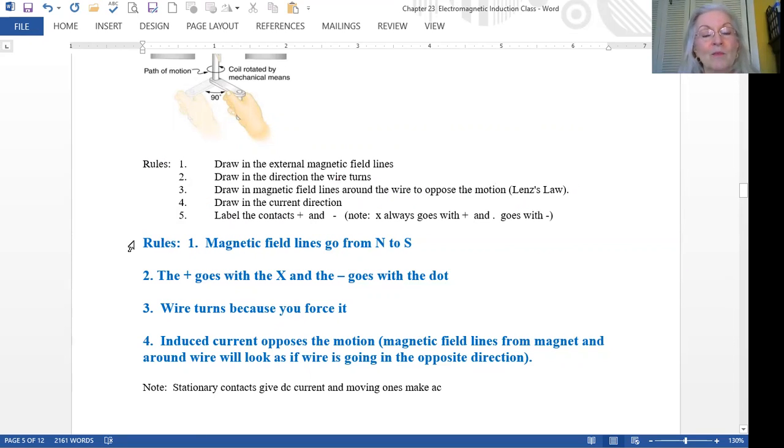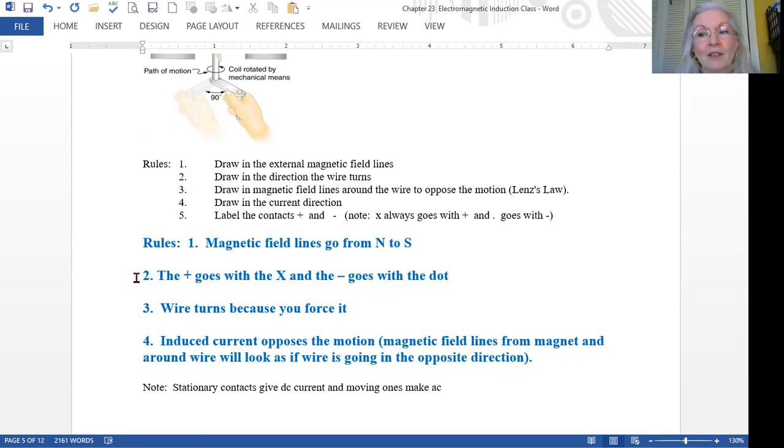So our rules: magnetic field lines go from north to south. The plus goes with the X and the minus goes with the dot. This X and dot are referring to the X and dot we use with the right-hand rule. When positive current is coming into a page, it's an X, and out of a page, it's a dot.